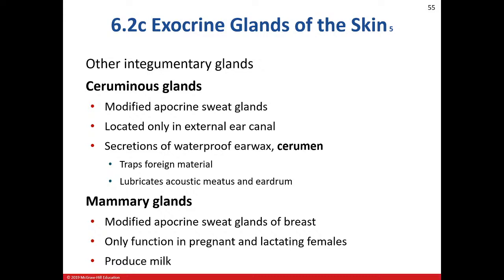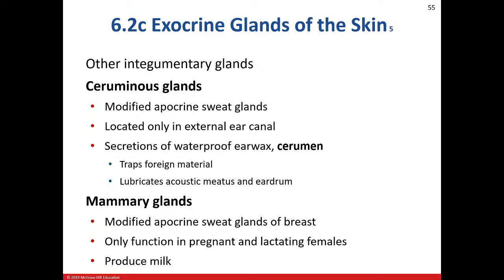Now, cerumen is a mixture of that oily apocrine secretion and dead skin cells. They mix together to make the secretion sticky, and that's what makes earwax. Yeah, sticky. It's a mixture of that oily secretion and dead skin cells. And it helps trap foreign particles, helps keep things from invading the ear.